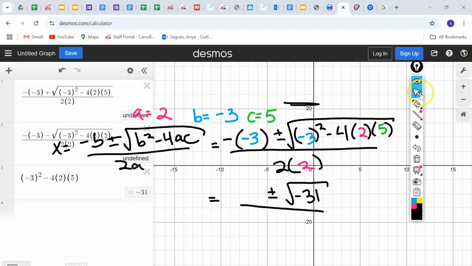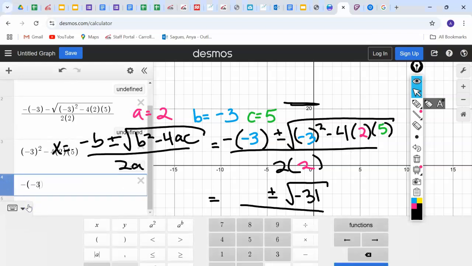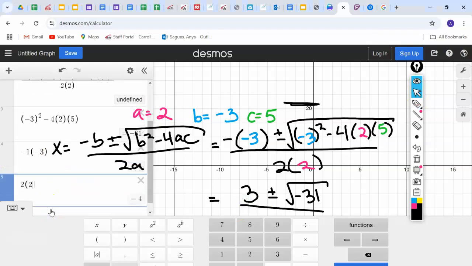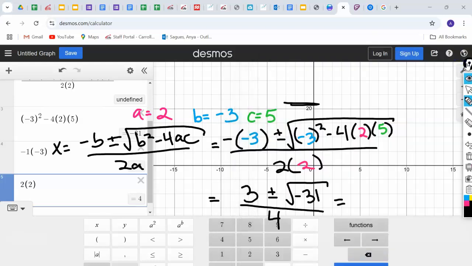Now on the bottom, really quick, if I do negative of -3, that doesn't really show me anything, but it's really a -1. This should be a +3. And then on the bottom, if I do 2 times 2, that's 4. So on the bottom, we should have 4. And finally, the way that I'm going to write my answer, I have a negative inside the square root. I need to get rid of it.